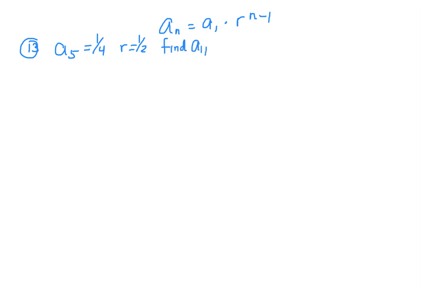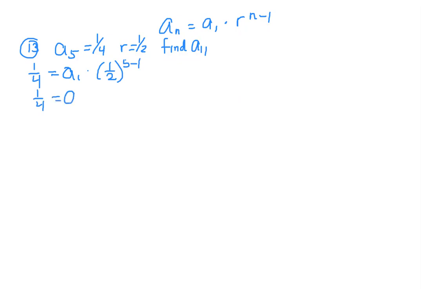Okay, number 13. I'll put our equation up here. We have A5 equals 1/4, R is 1/2, and we're looking for A11. So we're going to have to do it just like we did the last one. We first find A1. AN equals A1 times R to the 5 minus 1.